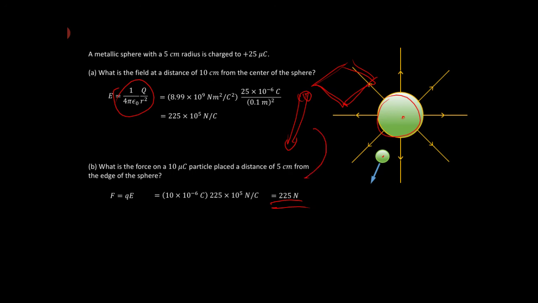And then I take that field and I use our definition of the electric field, which is the force is equal to charge times the electric field, right? And then we're done. We got that 225 newtons, and we know how much force is on this guy. We figure out how fast he's going to recede away because they're both positively charged, right? Positive and positive means the direction of the force is away from the other object.